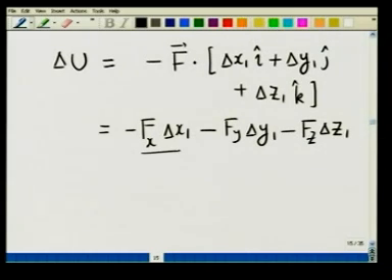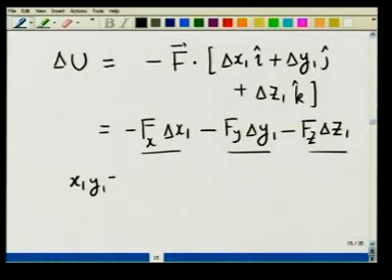Notice this comes out very neatly. It doesn't matter in which order I go from point 1 to point 2, because I am talking about a conservative force field. I could go from x1, y1, z1 to x1 plus delta x1, y1, z1.